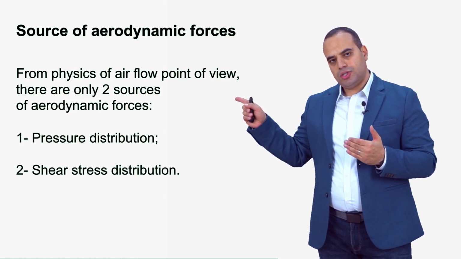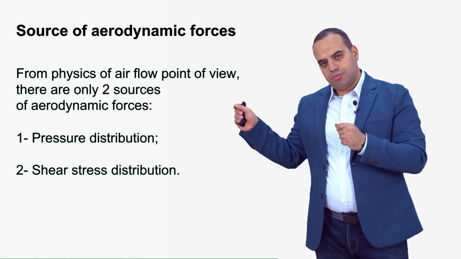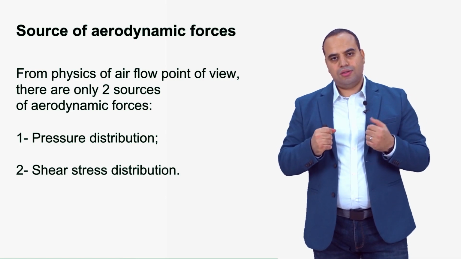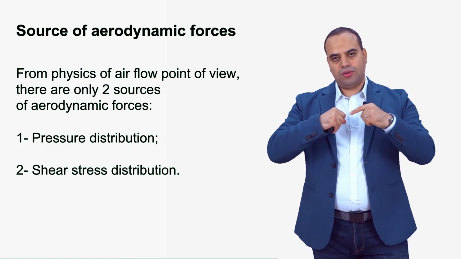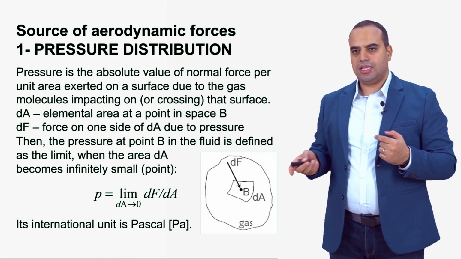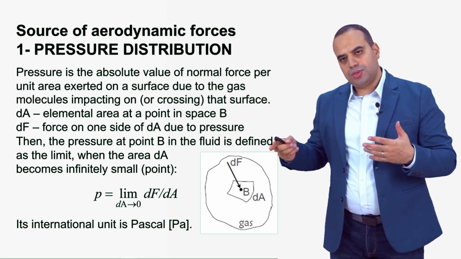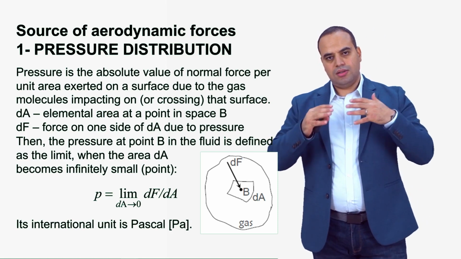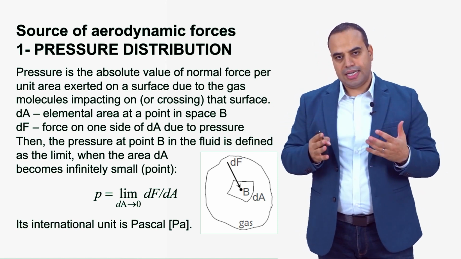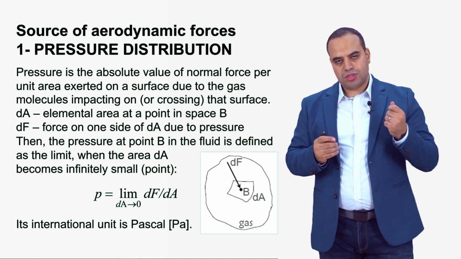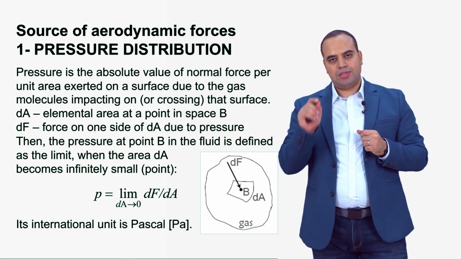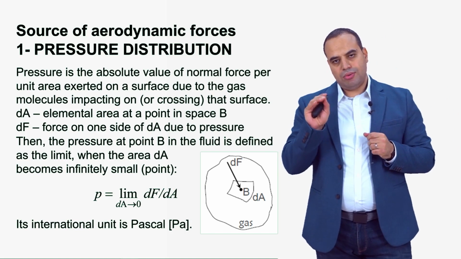So the first item here, the pressure distribution, has to do with the fluid exerting a certain force on the object itself, on the surface, as we have seen in the definition from the last lecture. It is a force applied to every point, in fact, wherever we have a gas or another fluid. Why? Because the particles of the gas are moving randomly, and they occasionally cross every single point in space where we have the gas, right?